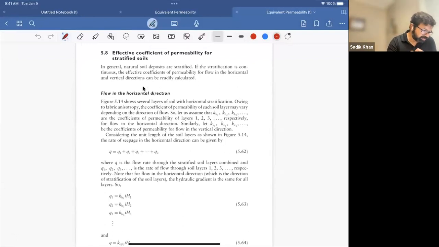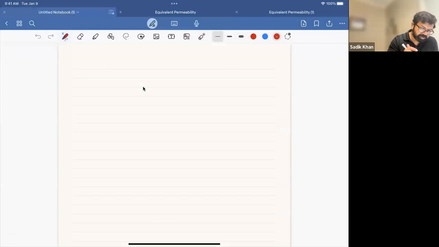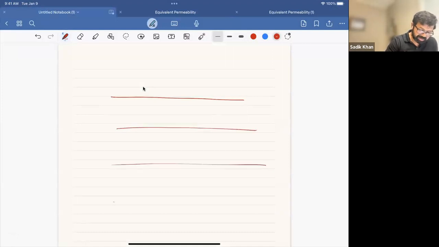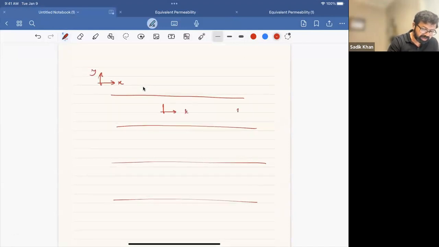So basically, the question is, let's say we have a series of soil. Okay, let me explain the problem here. Let's say we have layers of soil, where X and Y are the directions. Let's say we have soil layers 1, 2, 3.